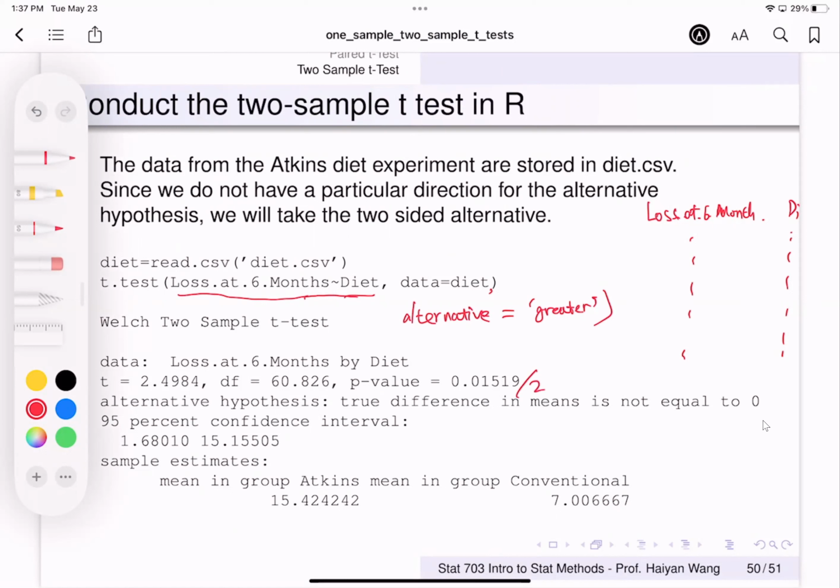Okay, so that's the t-test. If you had the data for the loss after 6 months using each of the diets separately given in X and Y, then you can use t.test(X, Y), and then you also specify the alternative to do the test.